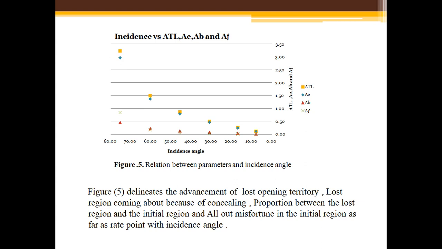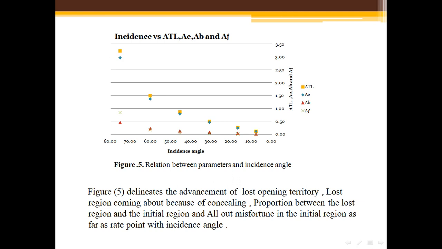This figure shows the incidence angle with some parameters. These parameters are the total losses in the opening area in terms of incidence angle, AE the lost opening area, and AP the ratio between the lost area and the opening area.